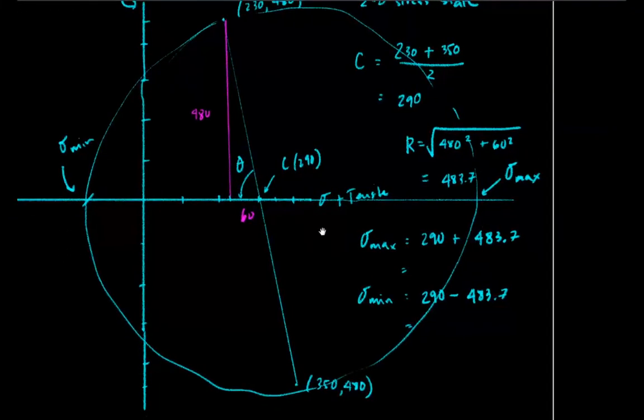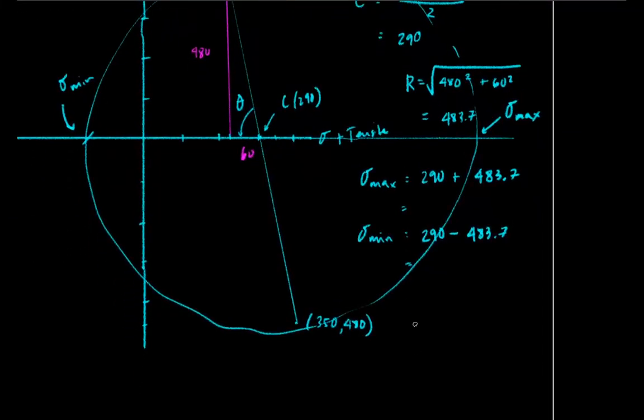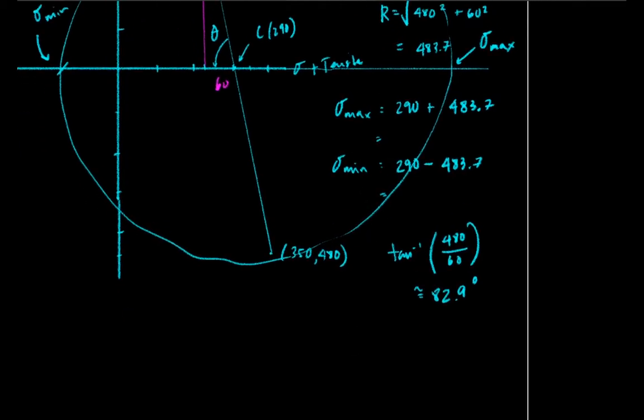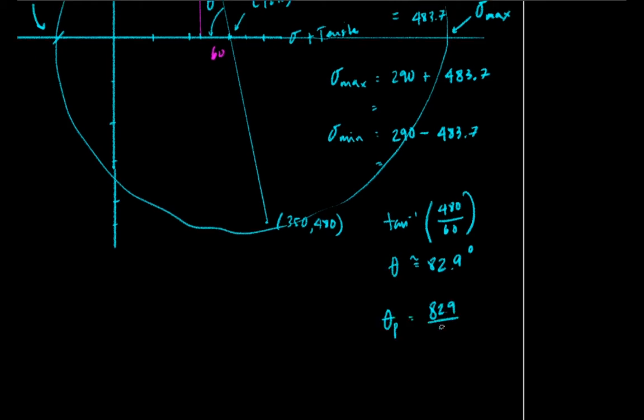Okay, so we just need to compute this angle, no? To compute this angle, we just do something like tan inverse of y over x, that's 480 over 60. That's roughly 82.9 degrees. And if it's 82.9 degrees, then we just divide it by 2. And you can solve this on your own, no?